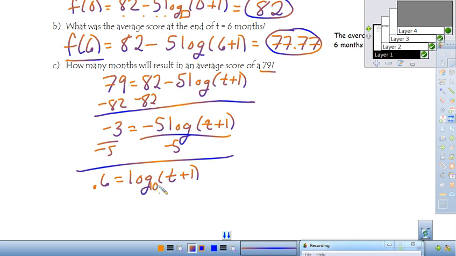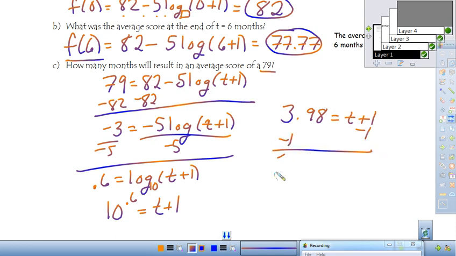So I'm going to write in a 10 because I think it makes it a little bit easier to convert. So it's 10 to the 0.6 equals t plus 1. 10 to the 0.6 you can put into your calculator and it will give you 3.98. And then you just subtract the 1 over. So 2.98 really gives you about 3 months.